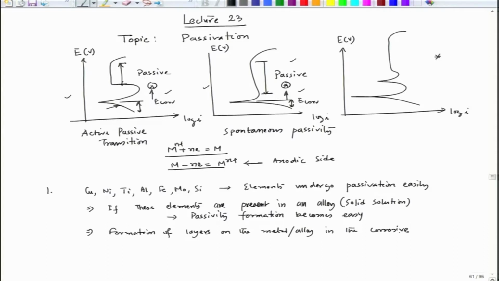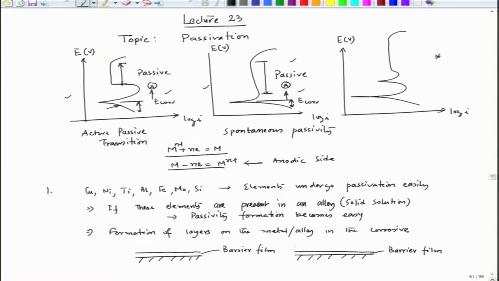And what happens in these cases? If this is the metal surface, I can have a barrier film formation. This is the barrier film. This is the metal surface and alloy surface. One can have a barrier film or layer.